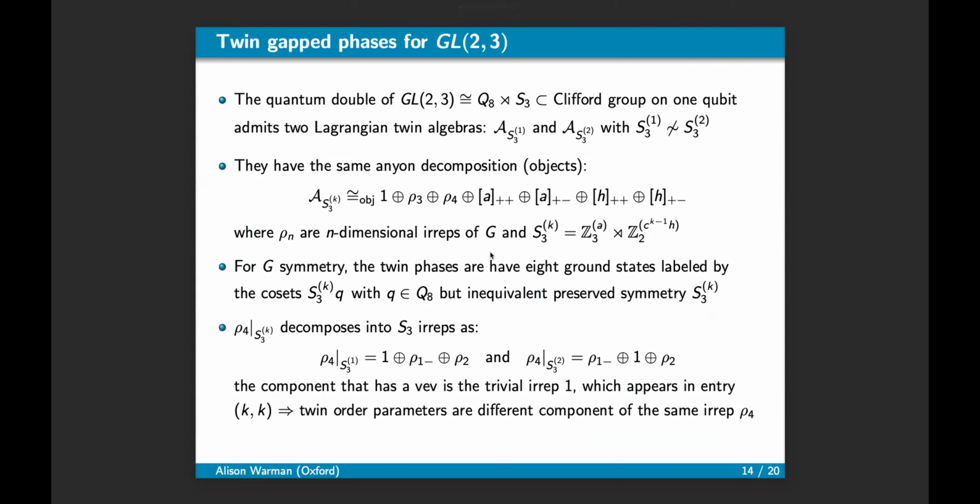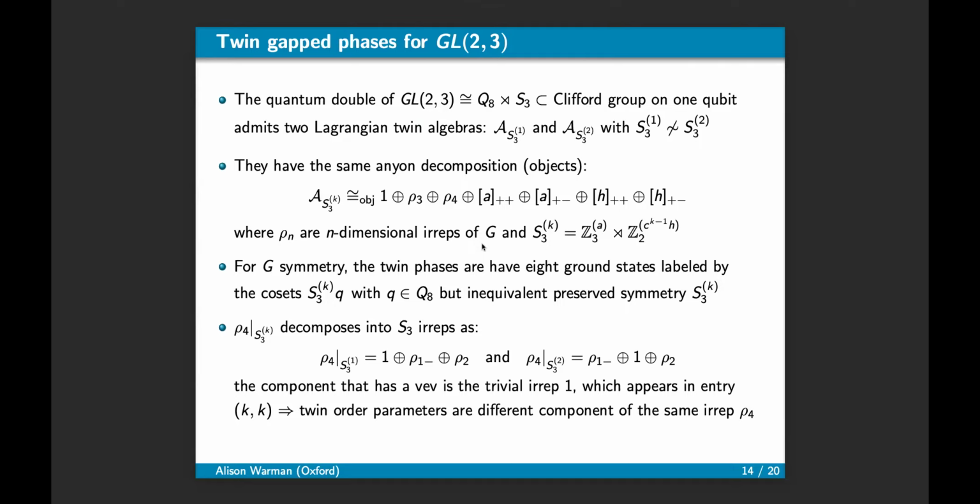So this group can be written as Q semi-direct S3, and it has two non-conjugate S3 subgroups. However, if we write the anyon decomposition of the algebras that correspond to gapped phases preserving these two inequivalent S3 subgroups, we get the same anyon decomposition.